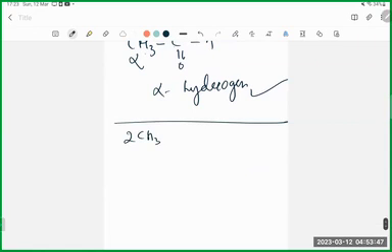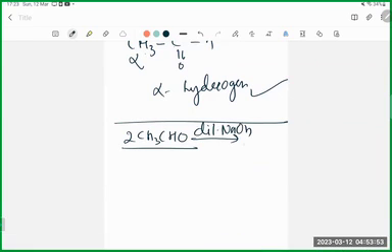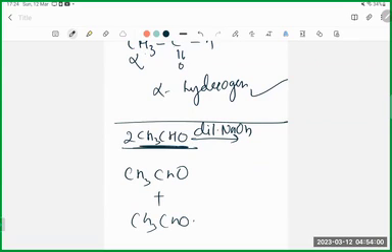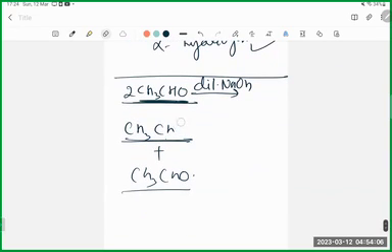You can see the reaction, aldol condensation. Two moles of acetaldehyde are taken and treated with dilute NaOH. How will the combination of the two aldehydes happen? Look over here. It is very simple. Whichever compound you are taking, Hridaya, the first one or the second one will undergo the change.